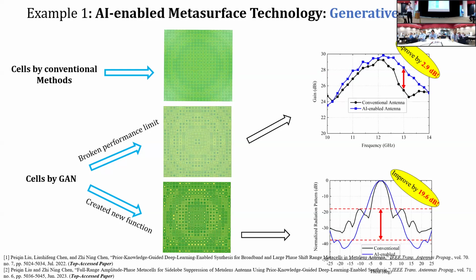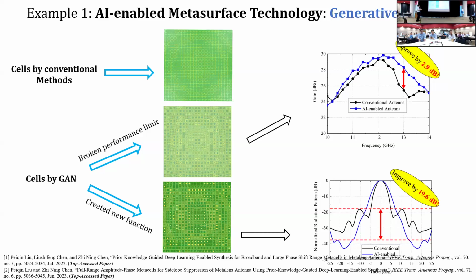For example, for the lens design, we need a phase shift distribution with different sizes. Then we get different phase shifts. Then based on the principle of the lens, we can form this plane of the lens. So you can find the dimensions of these cells are different to achieve the different phase distribution.